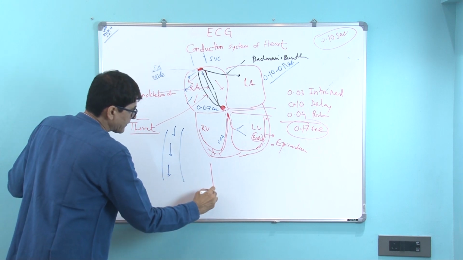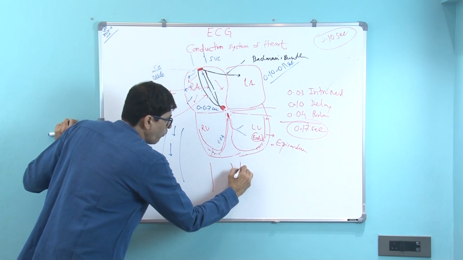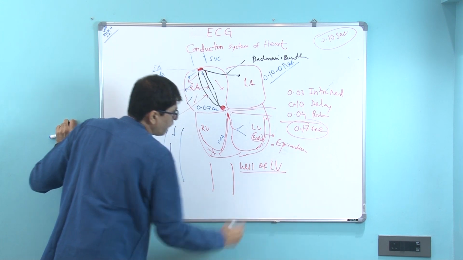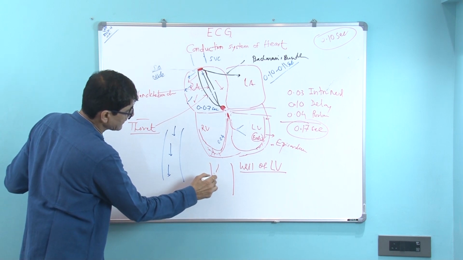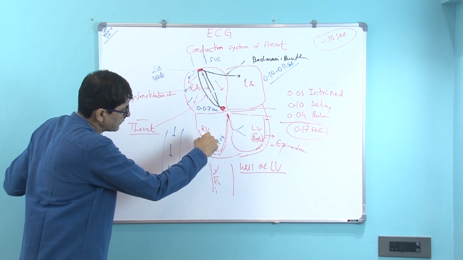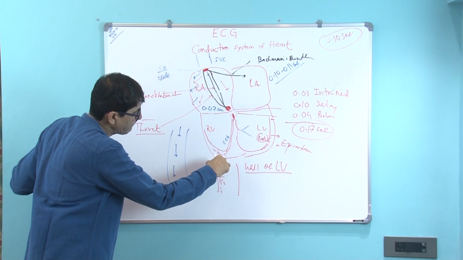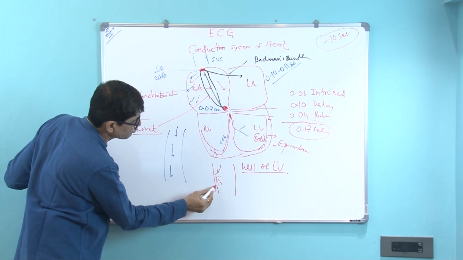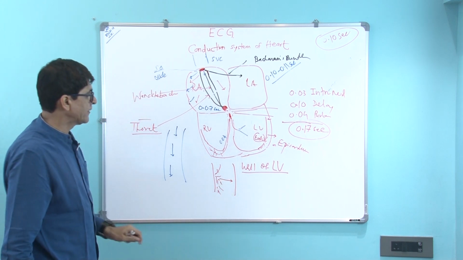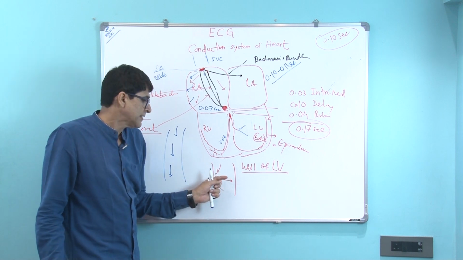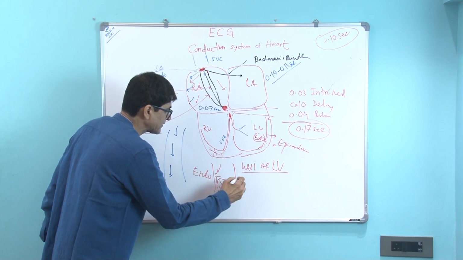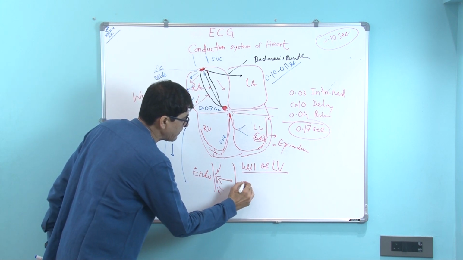I will draw here the wall of the left ventricle. So these are the Purkinje fibers. The impulse from the SA node has come to the AV node, to the bundle of His, to the right and left bundle branch. After the bundle branch, it has come to the final stage, the Purkinje system, and from there depolarization starts, from endocardium to epicardium. That I will repeat next.